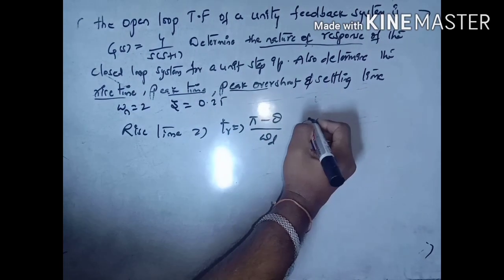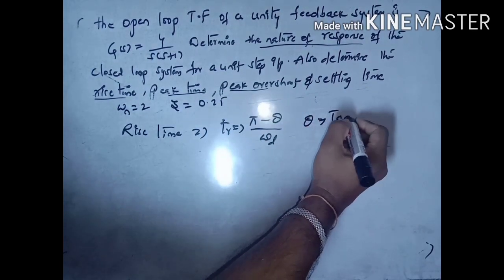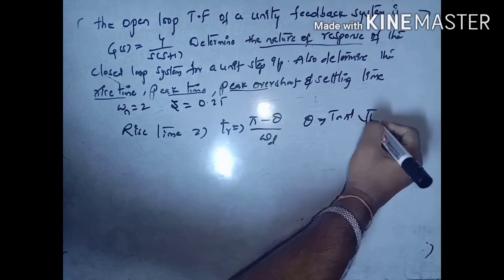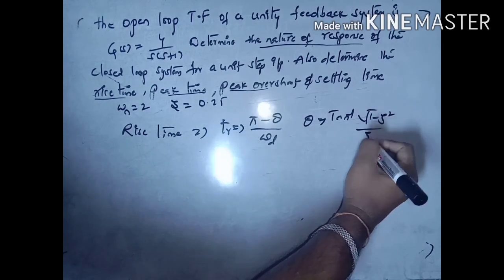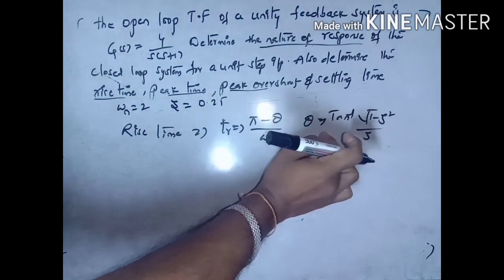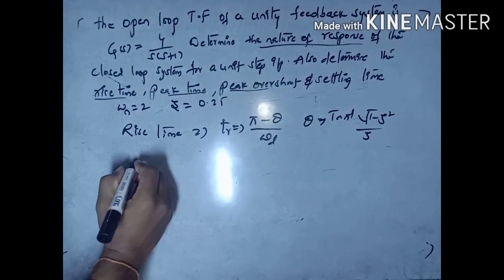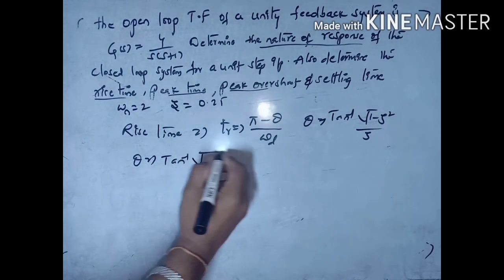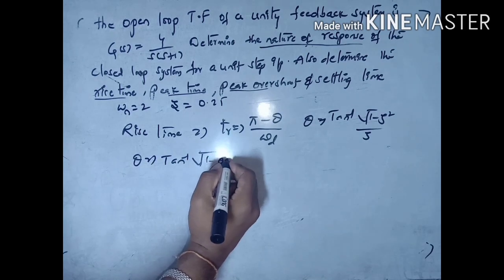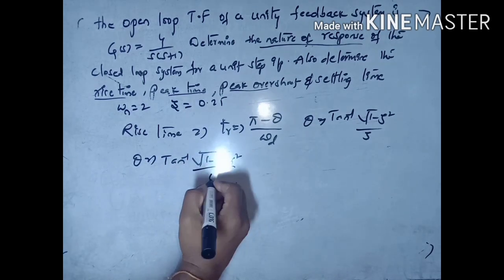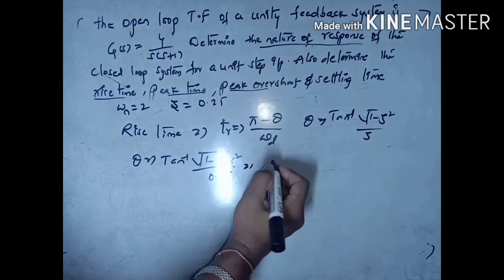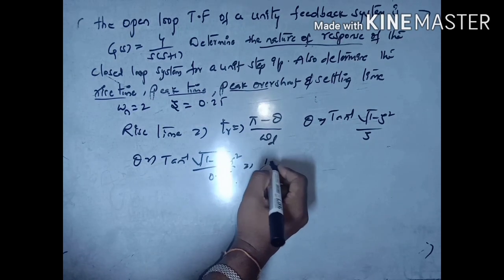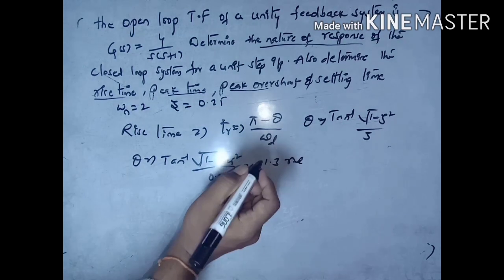Now theta equals tan inverse of (square root of 1 minus zeta squared) / zeta. This is the equation for the theta angle. If we substitute the values, tan inverse of square root of (1 minus 0.25 squared) / 0.25, we will get the value of theta as 1.3 radians.